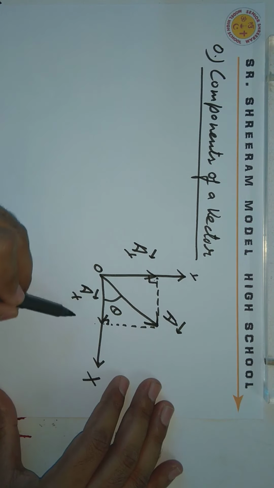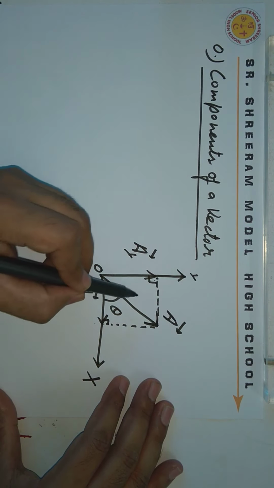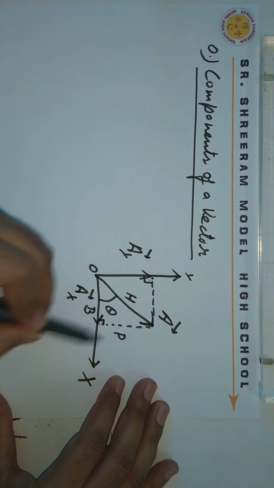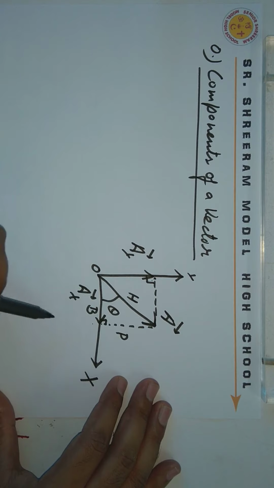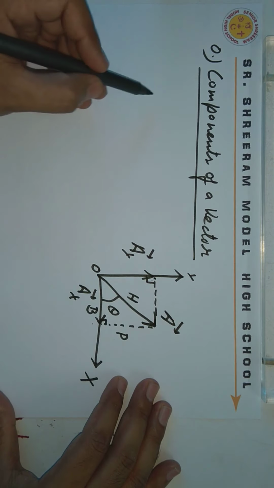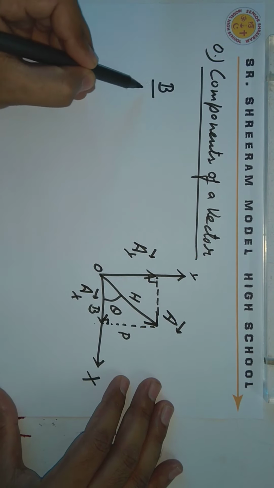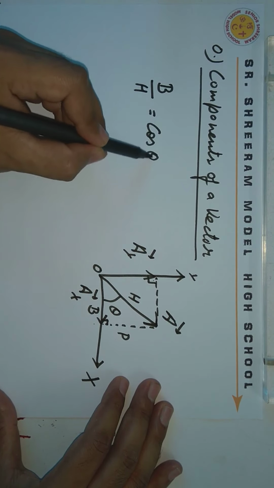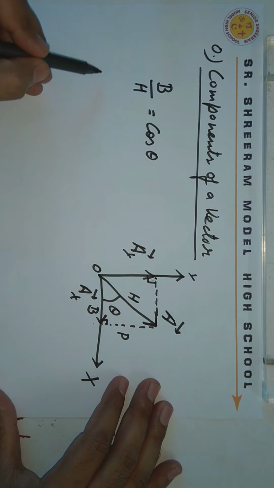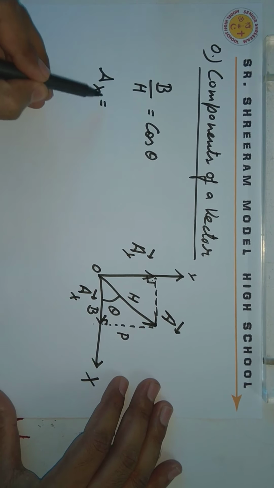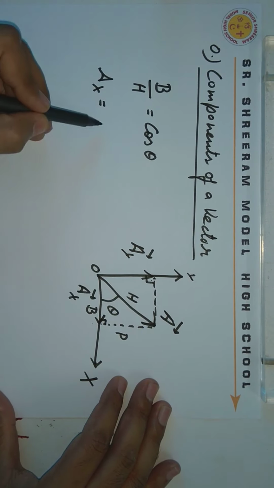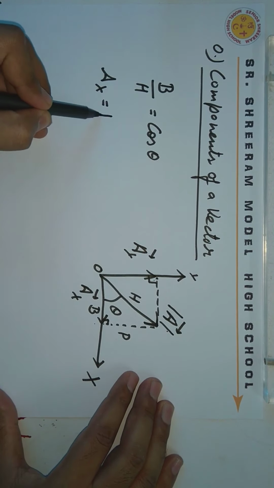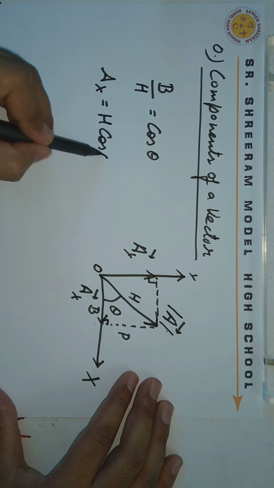Now we know this is our hypotenuse, this is our base, this is our perpendicular. By basic trigonometry we know base upon hypotenuse is cos theta. Here our base is Ax and the hypotenuse is the magnitude of A, so it will become h cos theta.